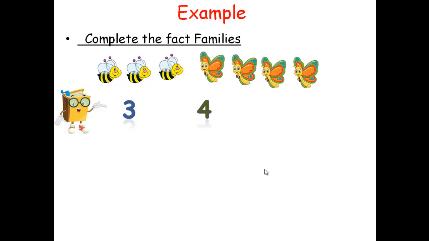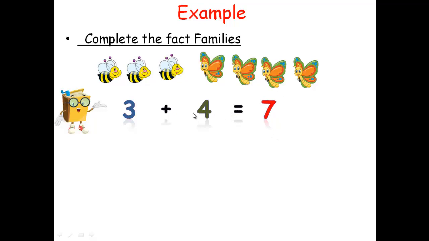Now, if I put these two together, 3 and 4, what is the equal going to be? Very good, it's 7. So this is one of the fact families of 3 and 4 and 7. So 3 is the first part, 4 is the second part, and 7 is the whole.